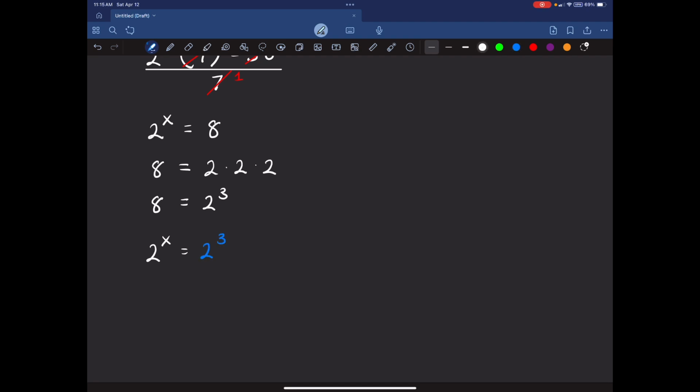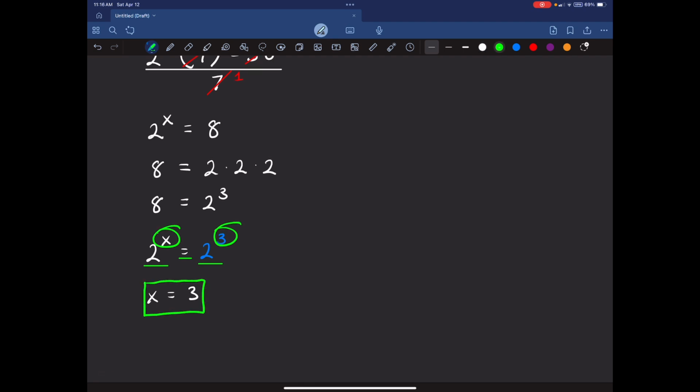And now you should notice that these exponents have the same base of 2, but different exponents. But they're also equal to each other. And what that means is that the exponents themselves must be equal to each other to make this equation true. So x is equal to 3 is our final answer.